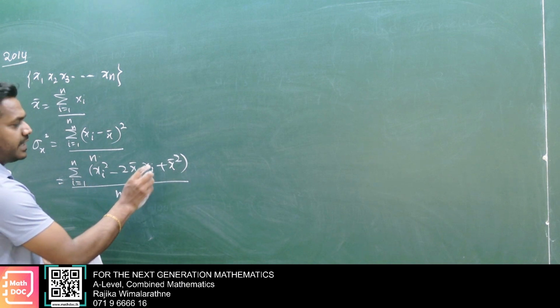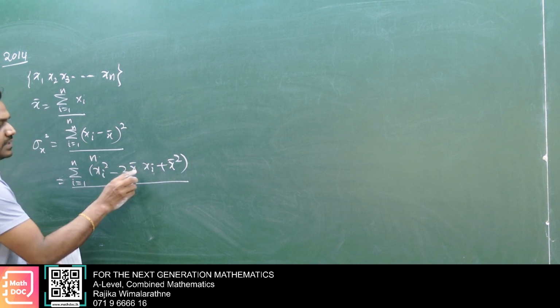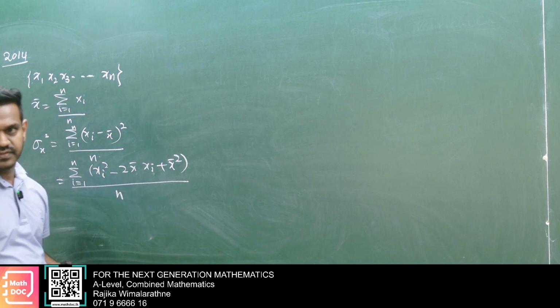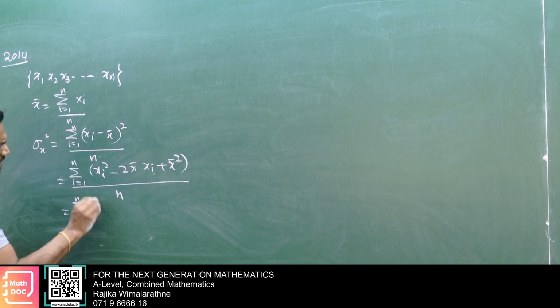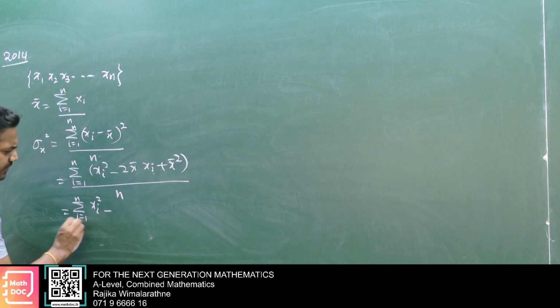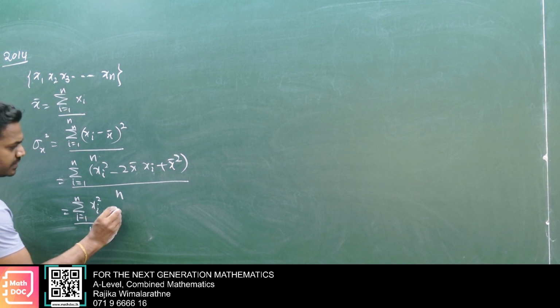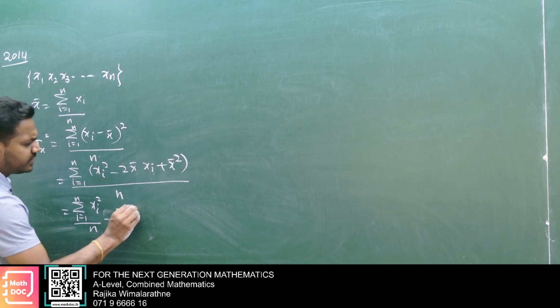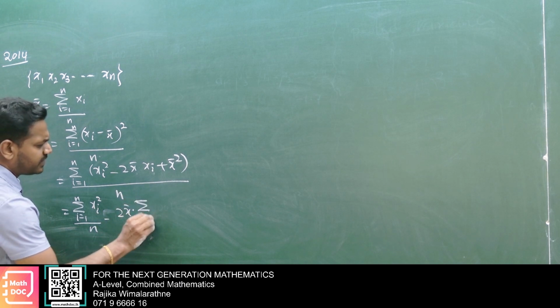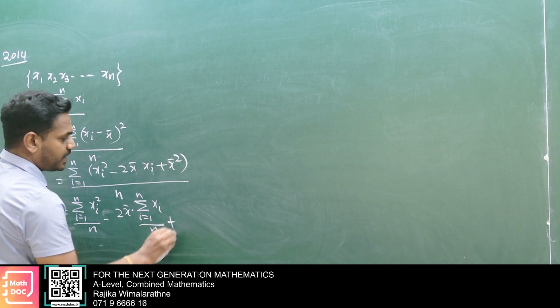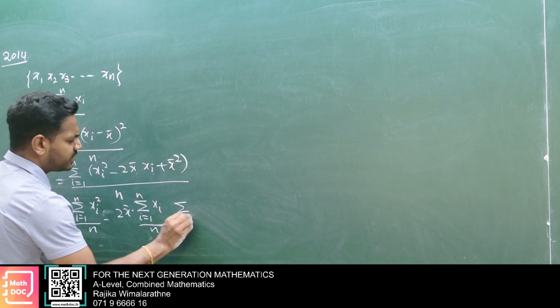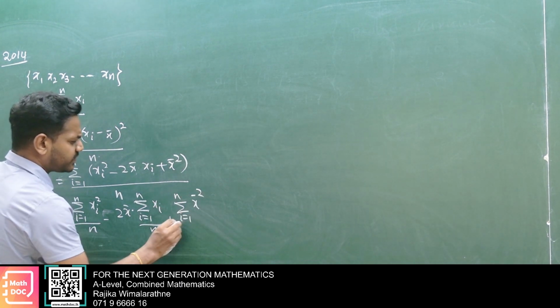Identify xi as the variable and x bar as the constant. Now separate the sigma: sigma xi squared divided by n, minus 2 x bar into sigma xi divided by n, plus sigma x bar squared divided by n.